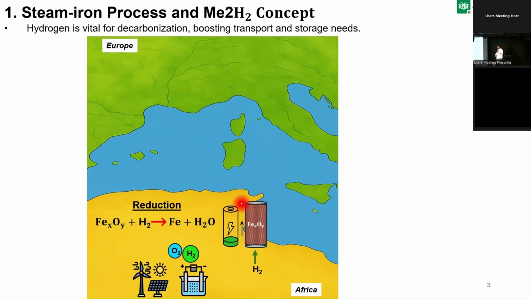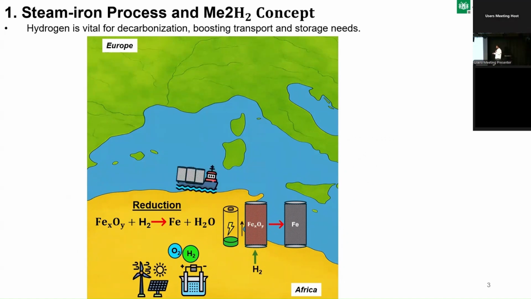So following this reduction reaction, once we completely convert the oxides, we can say that our battery is now charged. And the question will be how we can transport it to Europe.